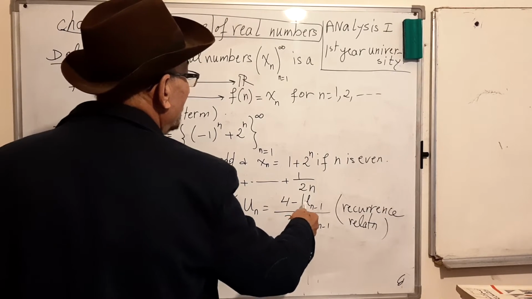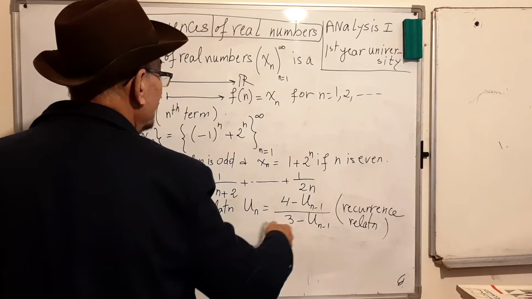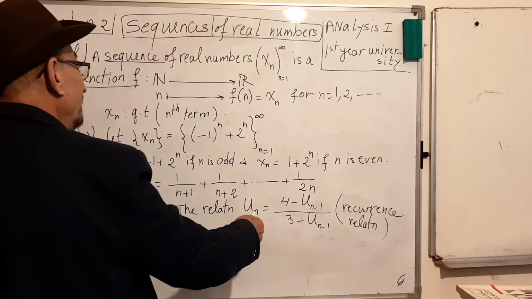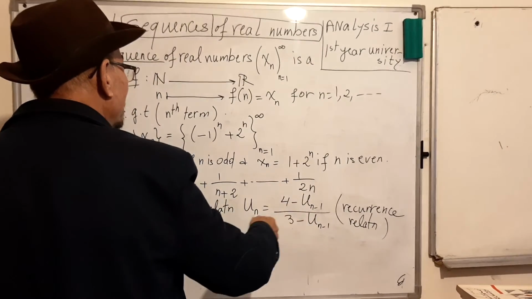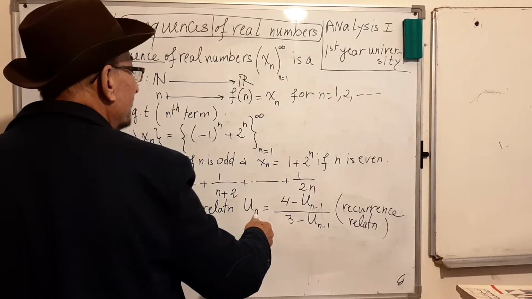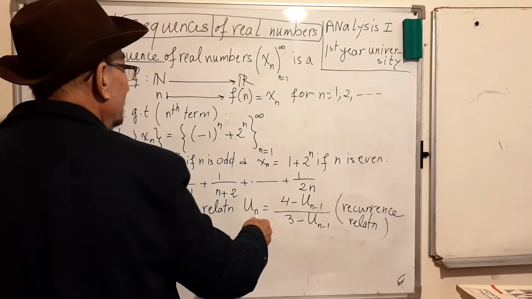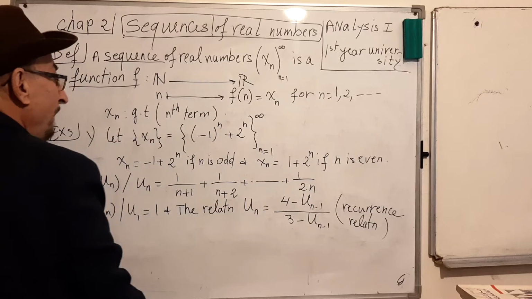This is a recurrence relation between two consecutive terms, n minus 1 and n.